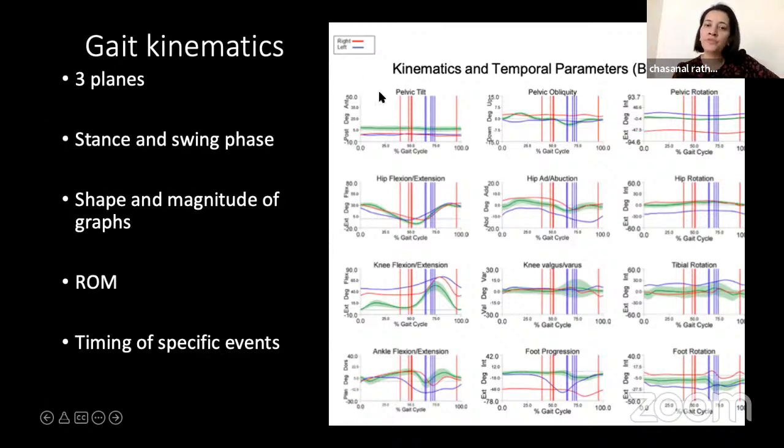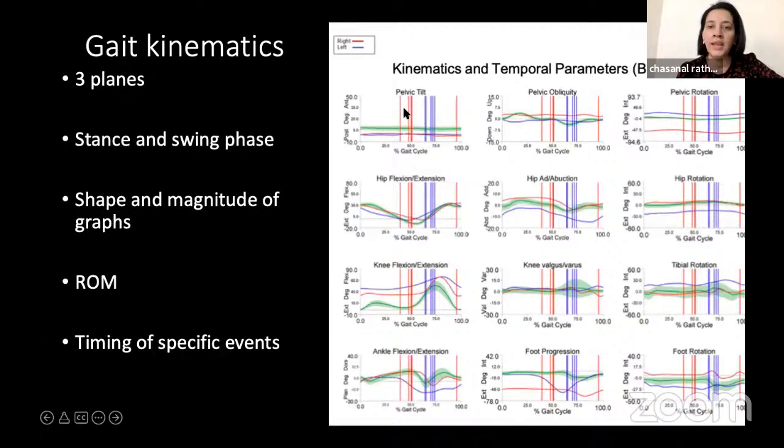When you look at the patient from the side, these graphs are generated. When you look from the front, that is the coronal plane, these graphs are seen. And this is the transverse plane, as if you are on the top and watching the patient from the top. So this is something which we can never get from a clinical gait analysis. And the red and the blue lines you see, this is the stance phase.